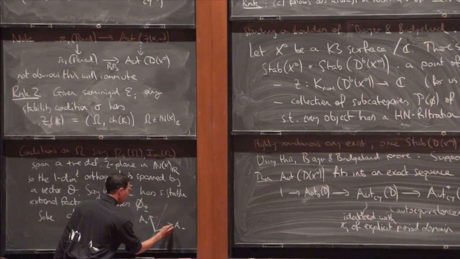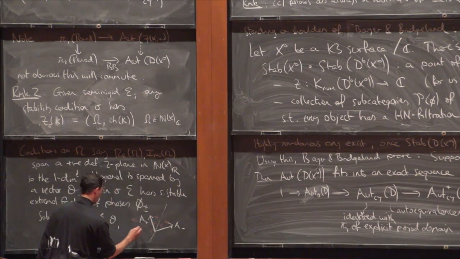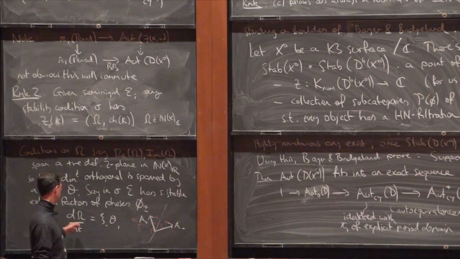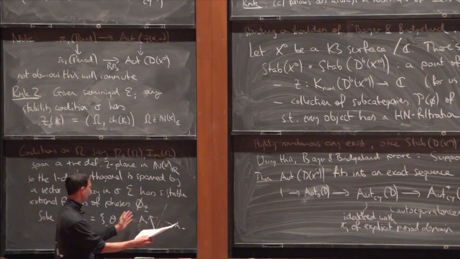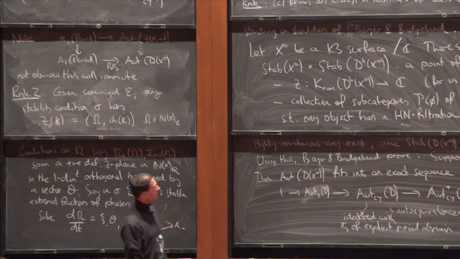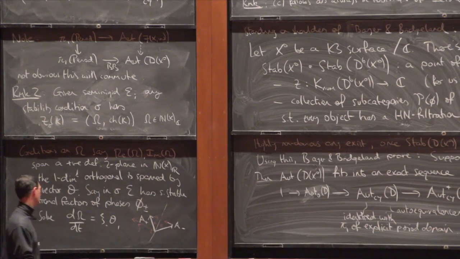If this orthogonal vector is psi, then perhaps up to a sign to make sure I push these together and not apart, infinitesimally, if I solve this differential equation, then I squeeze together the slopes of the maximally separated semi-stable factors of this object.